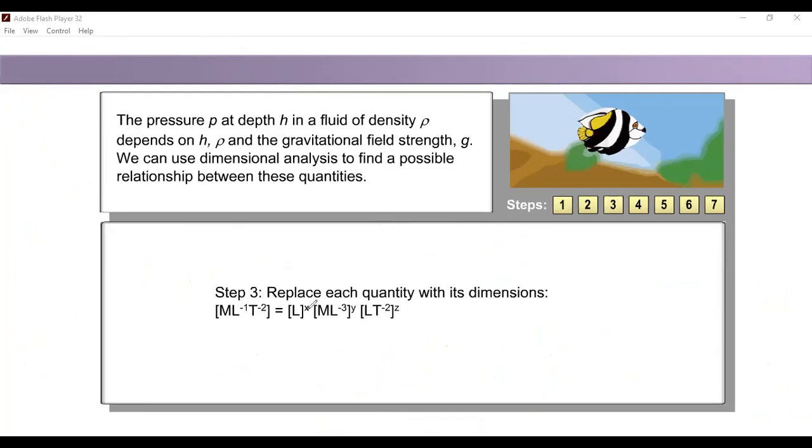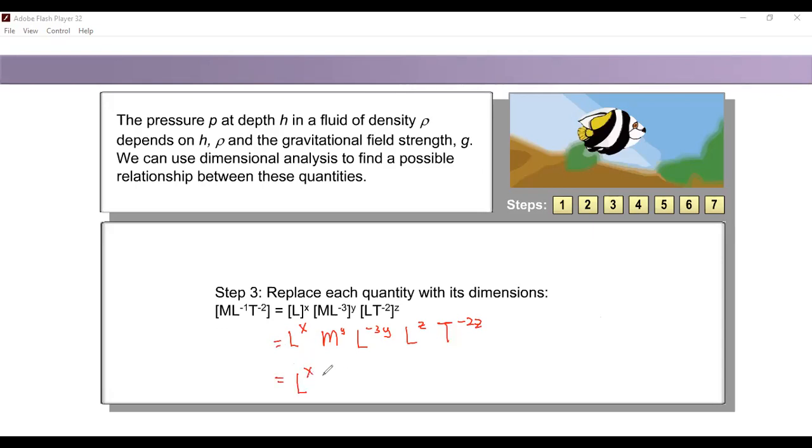First, L is X, right? From here, I expand. This will be LX. M times Y. L negative 3Y. This L, Z. L, Z. T negative 2Z. After that, rearrange all.